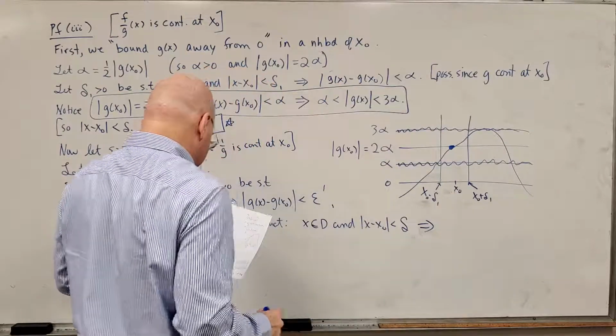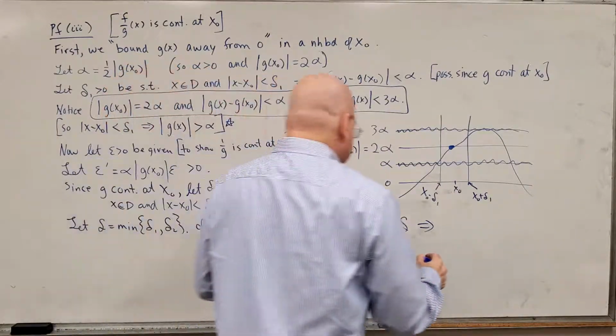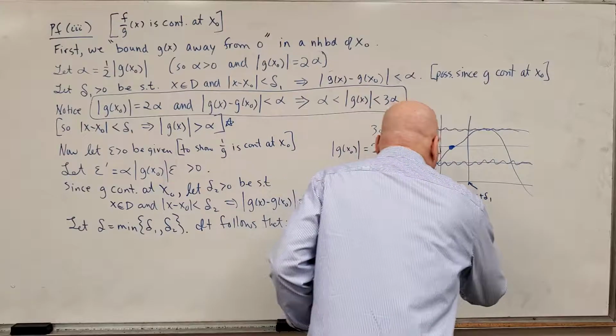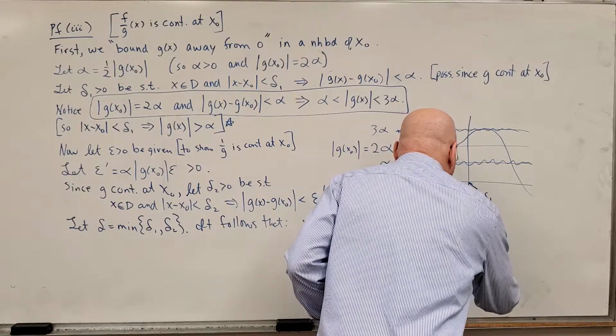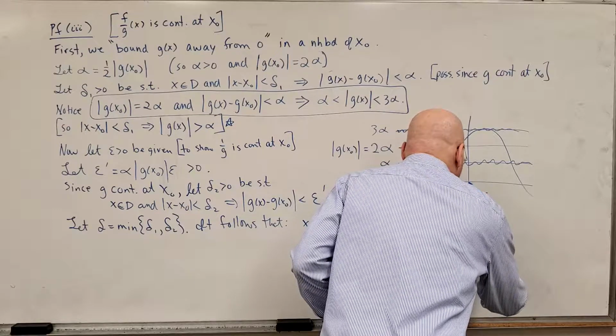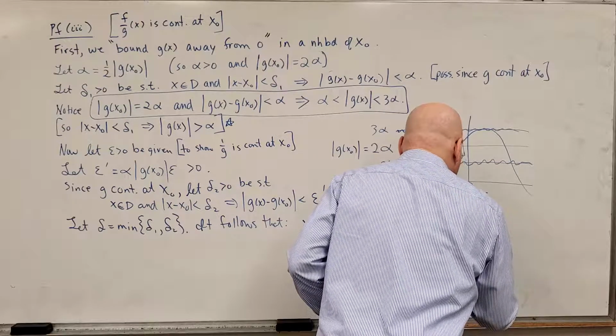I'll write it. I don't think I have enough room. Yeah, I guess I'll start it here. The absolute value of 1 over g of x minus 1 over g of x naught.